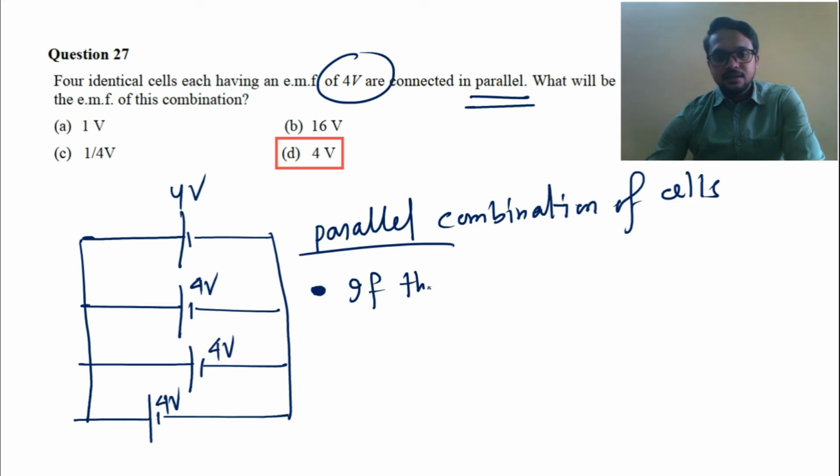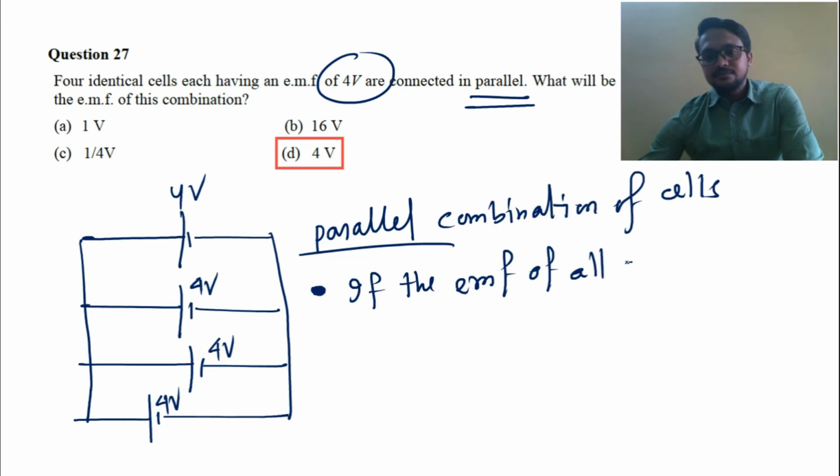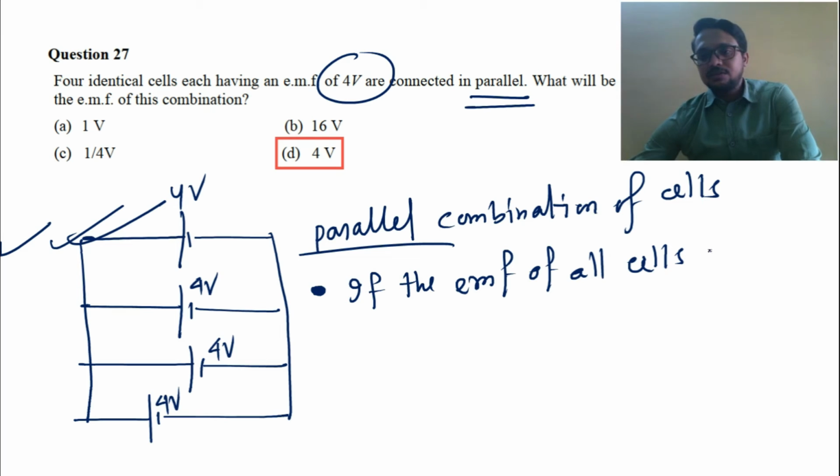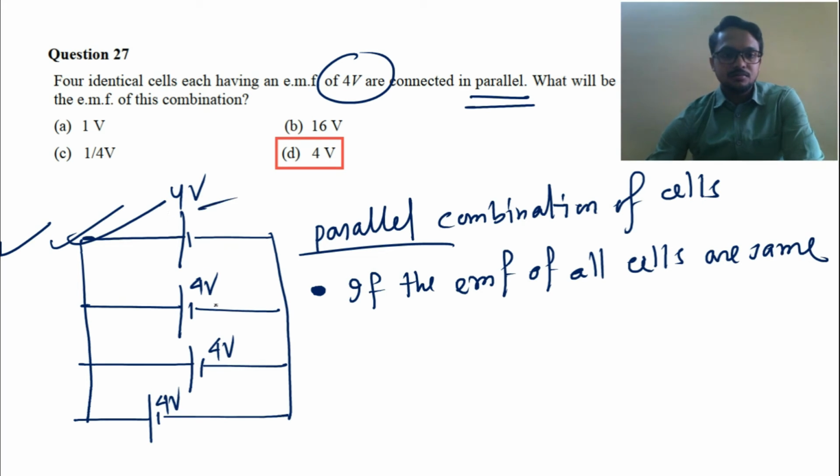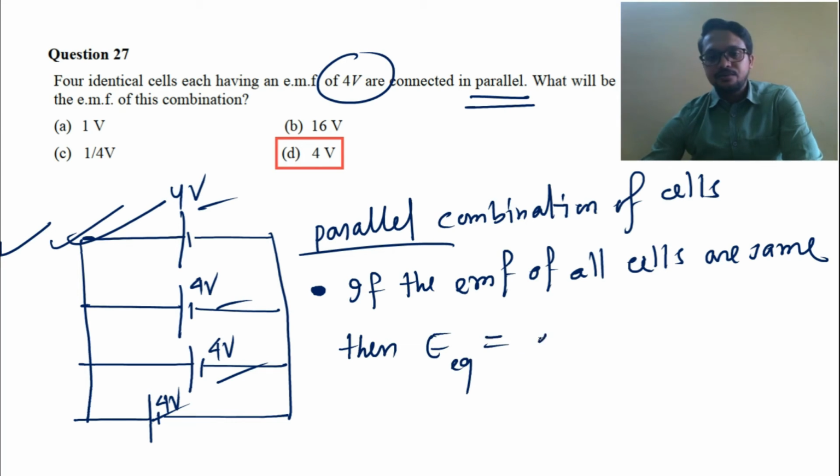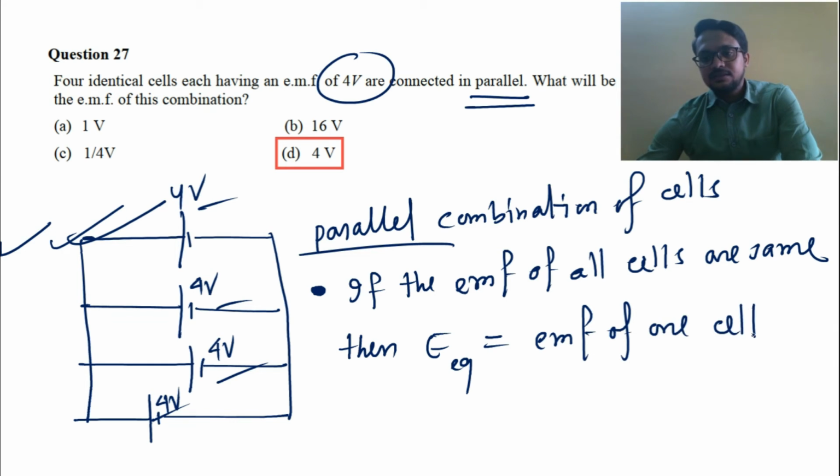If the EMF of all cells connected in this way are the same, their values are the same, 4 volt, 4 volt, 4 volt, 4 volt, then E equivalent equals the EMF of one cell.